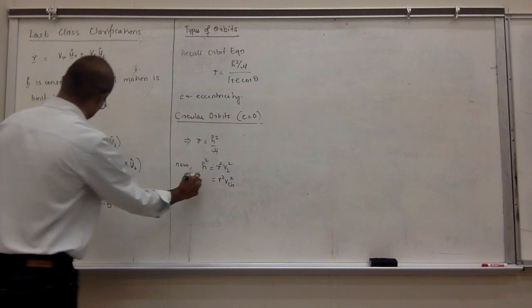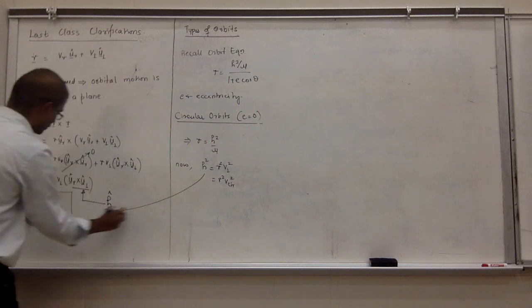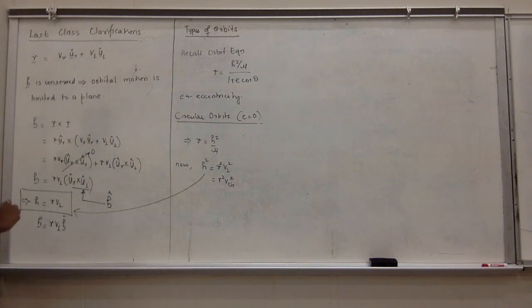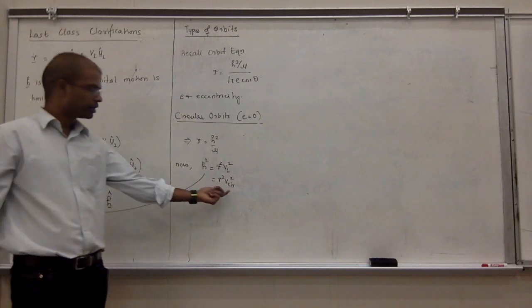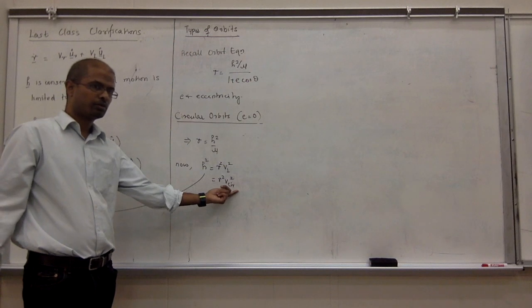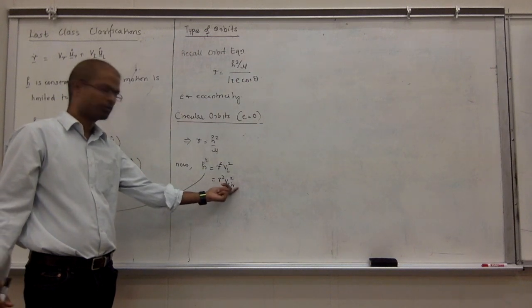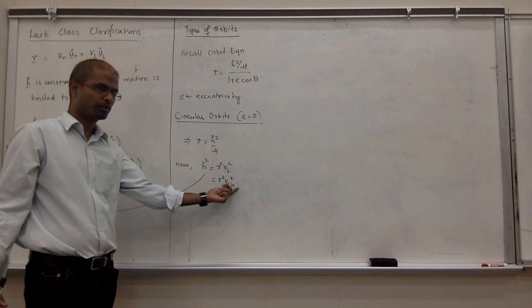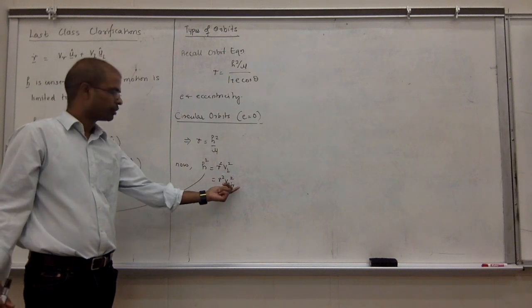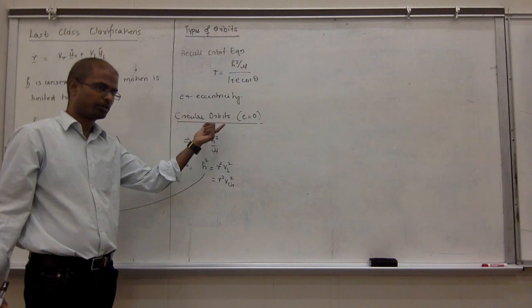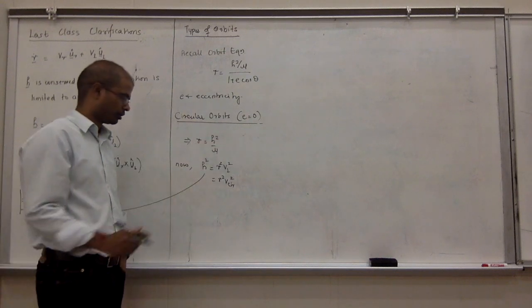This is V circular. Where does circular come from? When you have an orbit, the velocity is always perpendicular. Right, it's always perpendicular. So this is just a circular velocity. It's the velocity of the circular orbit. That's what it says. Okay.